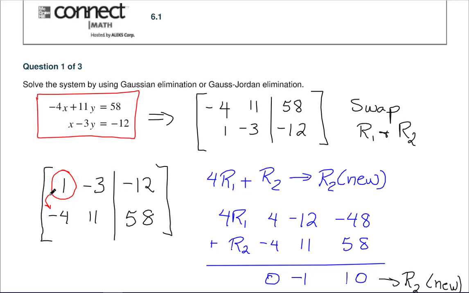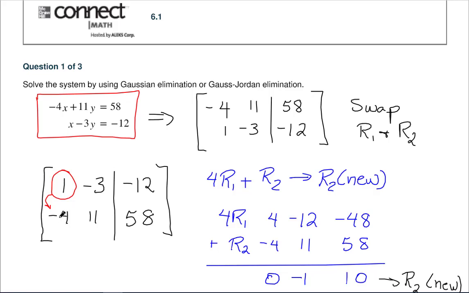Okay, that's a good start. So now, I want to use this 1 to make a 0. Now at this point, don't worry about the rest of this stuff. If it helps, cover it up with your hand. The only question I need to ask is, what would I multiply by 1 so that when I add it to this minus 4, I get 0?